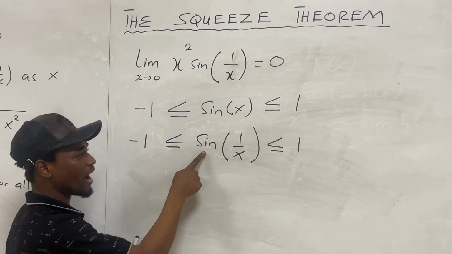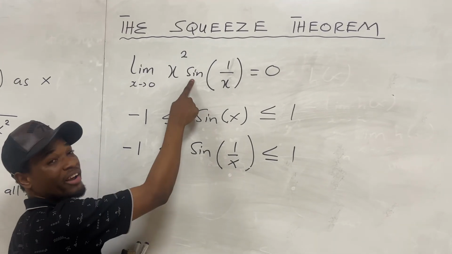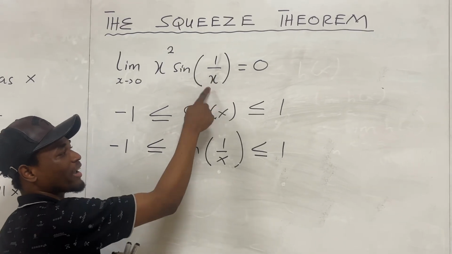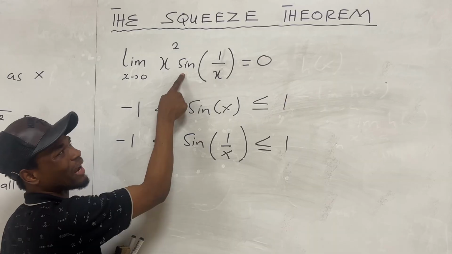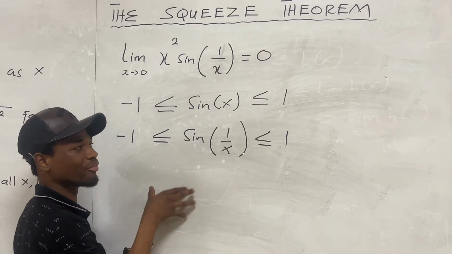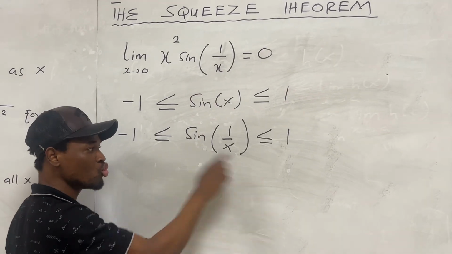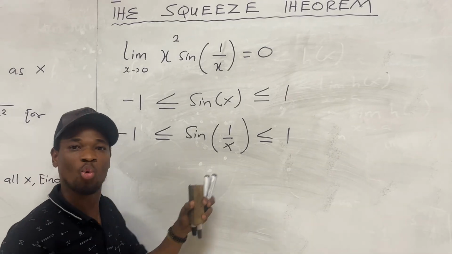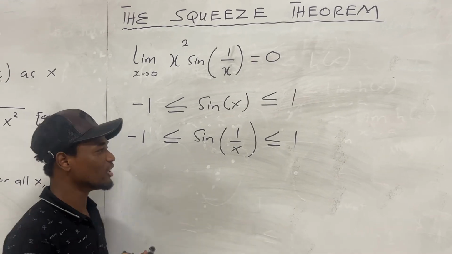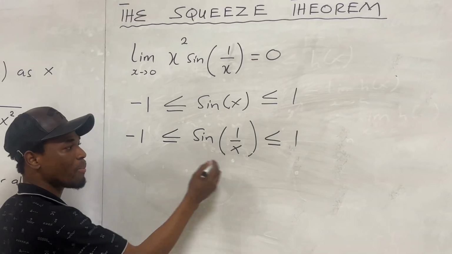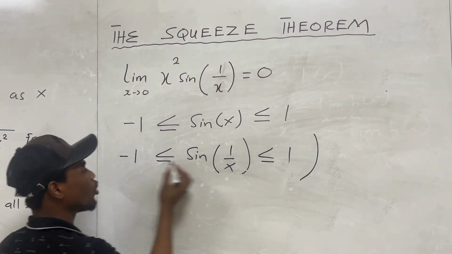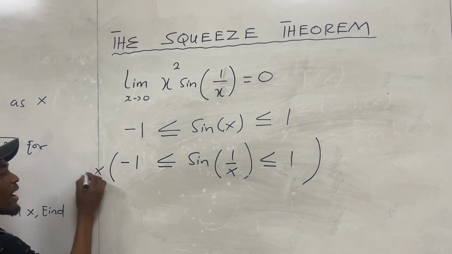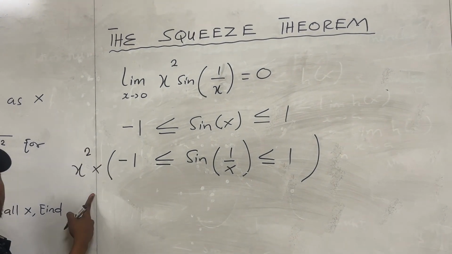So here I have sine 1 over x, and over here I have sine 1 over x. What's happening here? I can see x squared multiplying this, right? So as a result of that, I'm also going to multiply through by x squared. Multiplying through by x squared, what do we have? We are multiplying the whole of this by x squared.